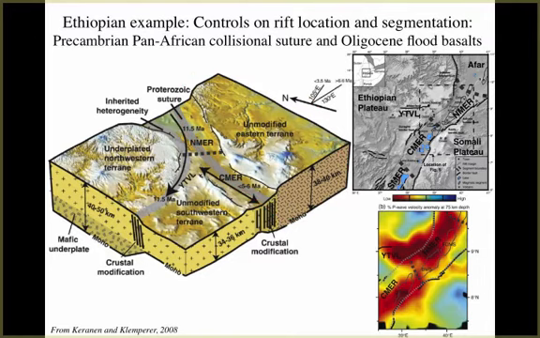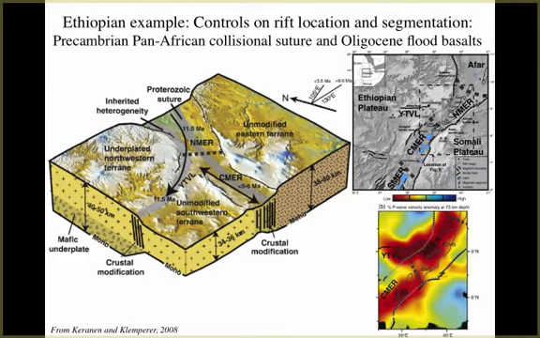We also have areas where there was mafic underplating related to a mantle plume, and those create areas within the crust that rifting can begin to take advantage of as it propagates.